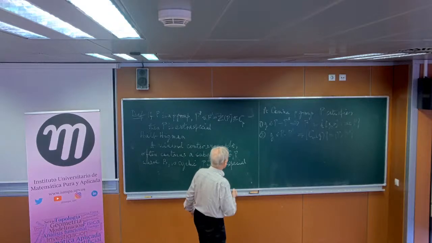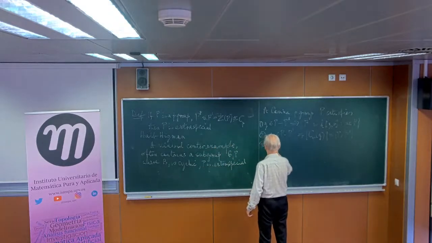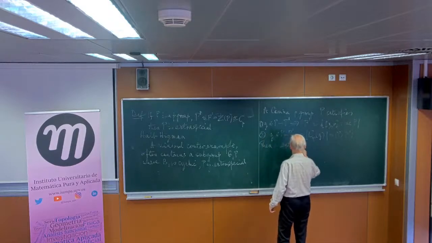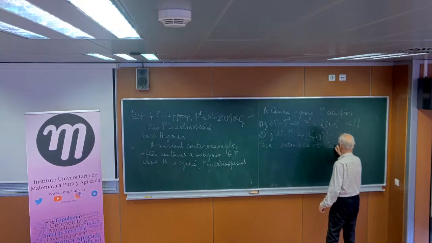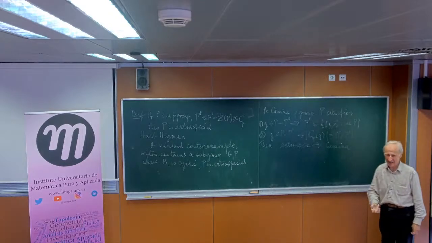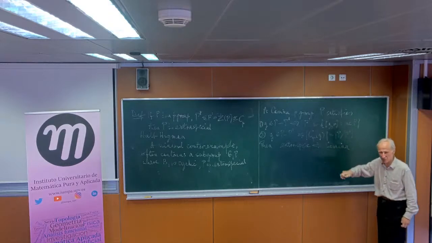Now, the point about this is that first of all, an extra special group is always a Kaminer group. That's easy to see. And secondly, if you have a Kaminer group, then you can get an extra special group from it.